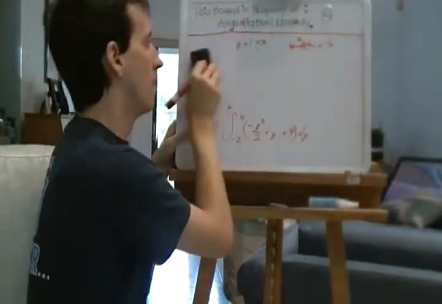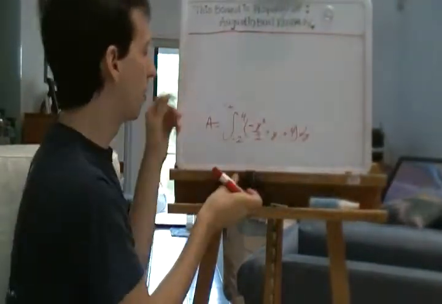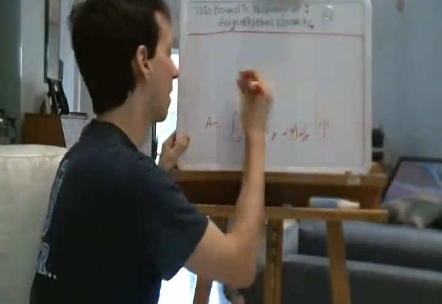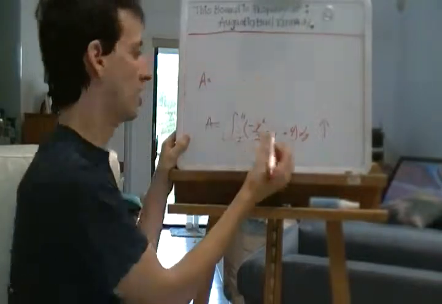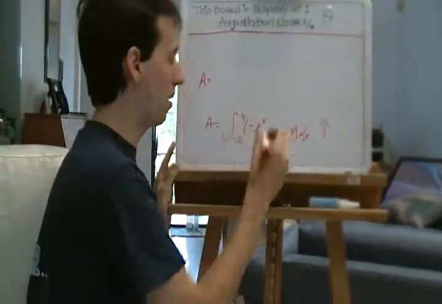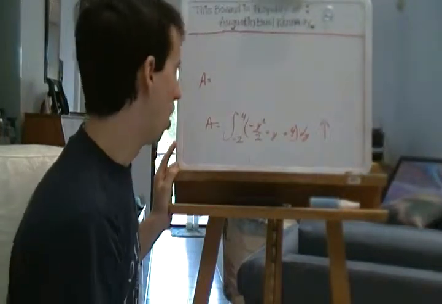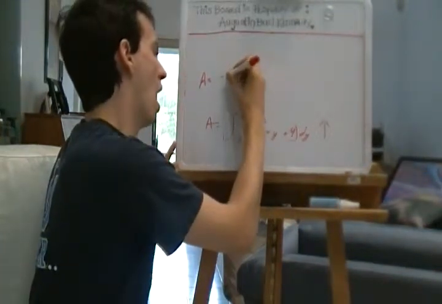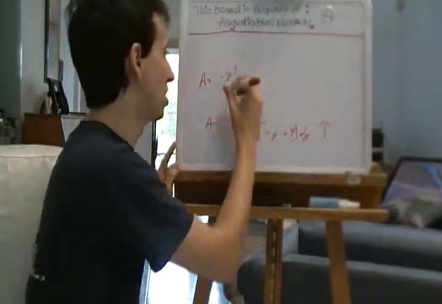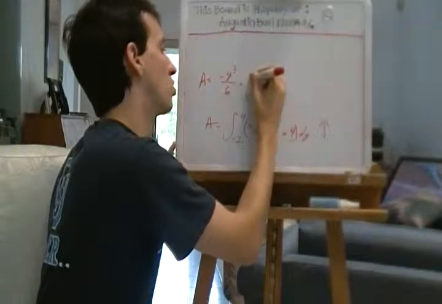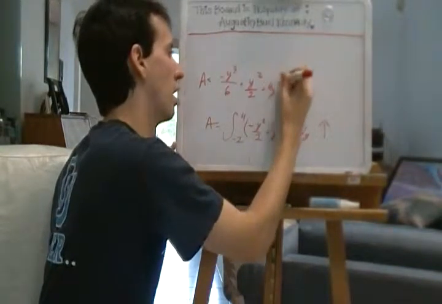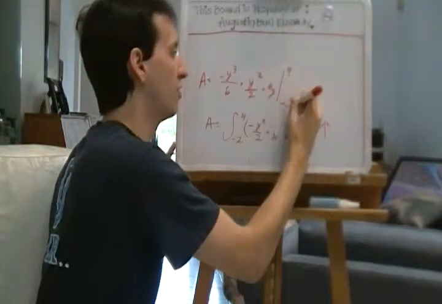Now we're going to be working upward this time, and we can integrate this function very easily. You know all of the tricks. It's the power rule here, so it's going to be negative y cubed over 6, plus y squared over 2, plus 4y between 4 and negative 2.